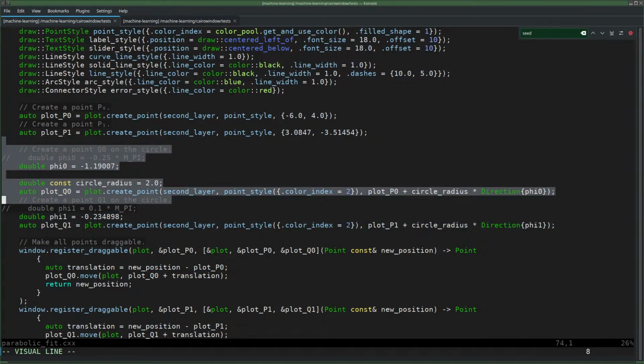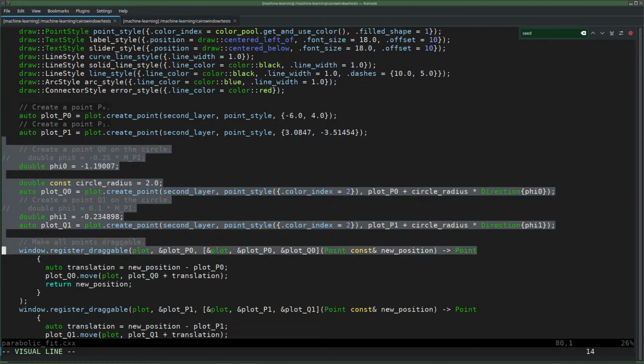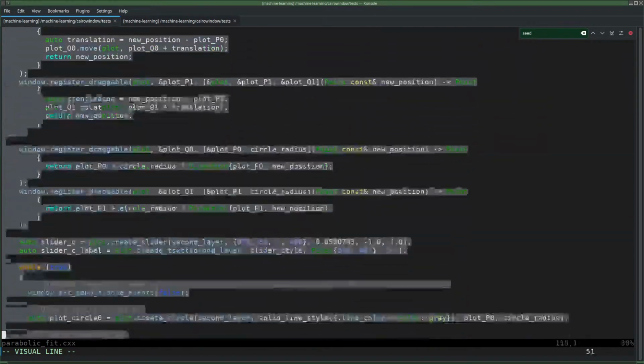So this grabs 2 points on circles, Q0 and Q1, and I guess circles around P0 and P1. So we can copy all of that.